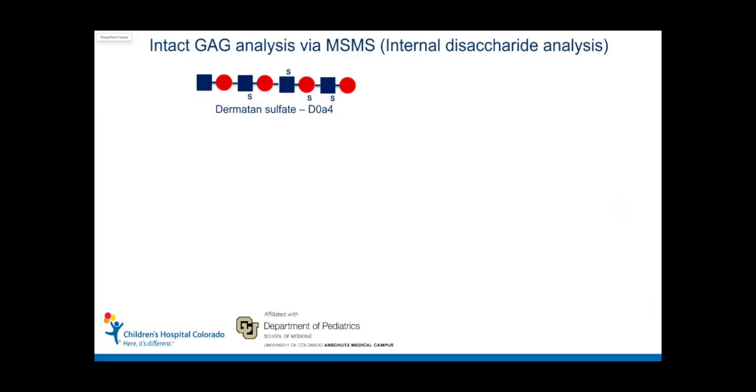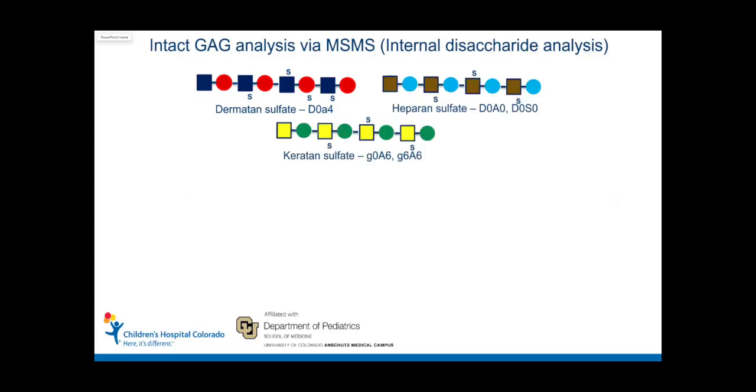So I'm going to talk to you about something called an intact GAG analysis, or Mike Gelb's group coined the term internal disaccharides. And so I'm going to present to you the three main glycosaminoglycans that we're talking about: dermatan sulfate, heparan sulfate, and keratan sulfate. And I've put here some other names, this D0, little a4, D0, A0.